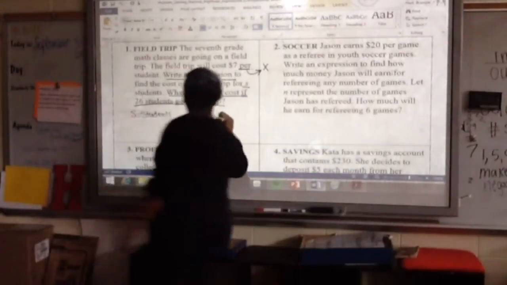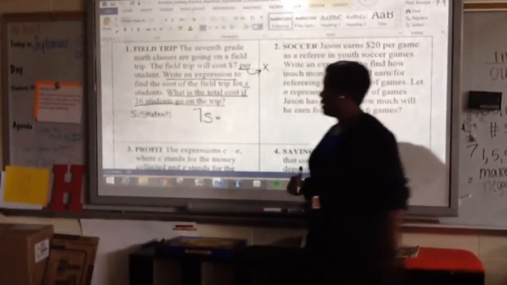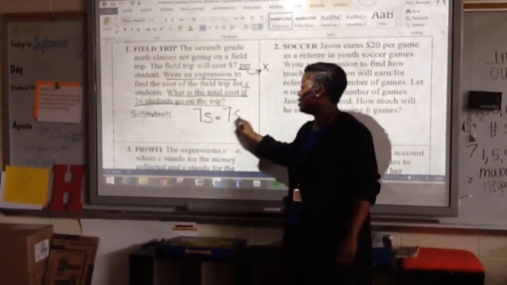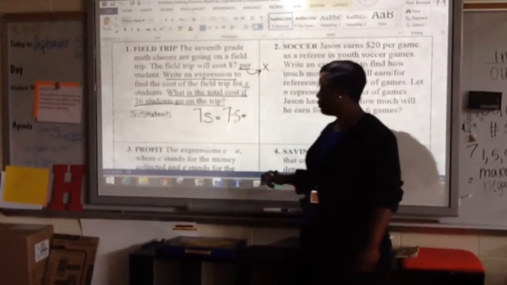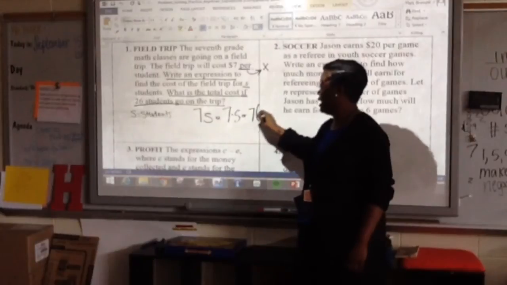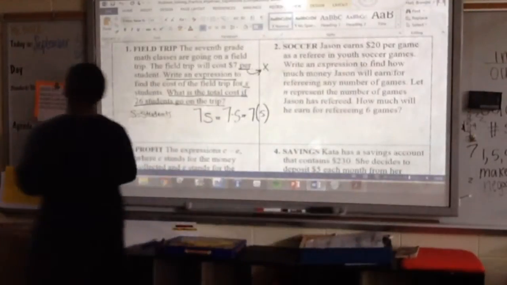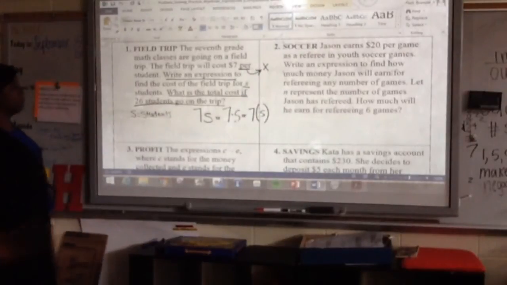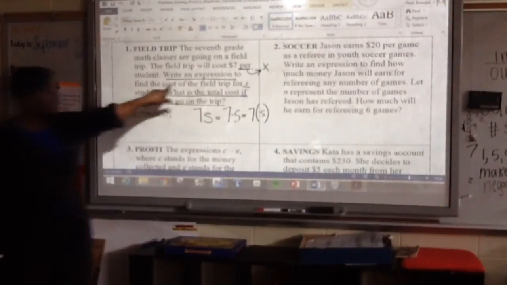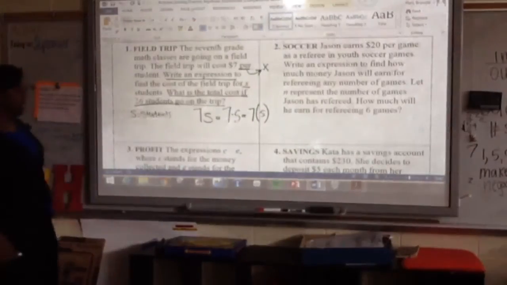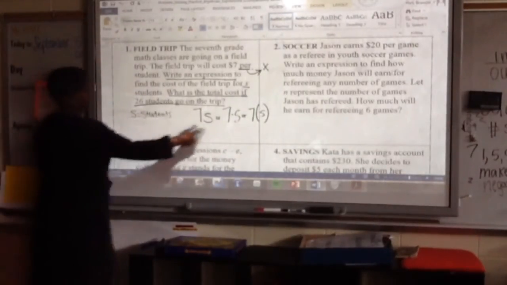Or, what's another way we'll see multiplication? 7 times S, or 7 parentheses S. You won't see the X. Why? It looks like a variable. All three of these are correct, they're just written in different ways. You'll most likely see it like this.